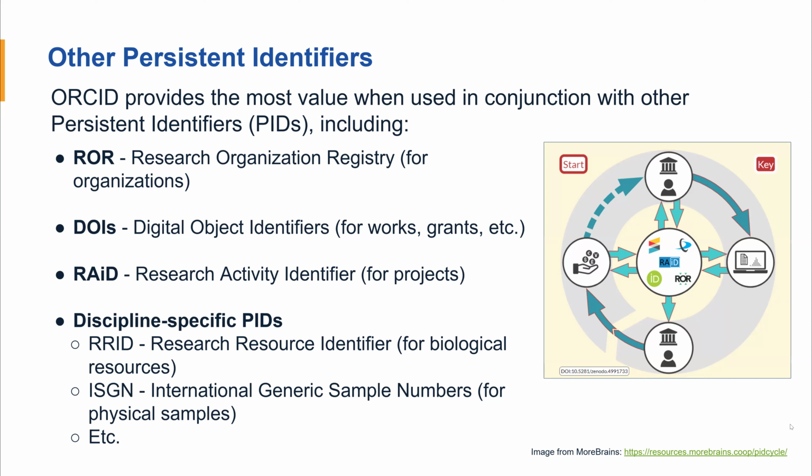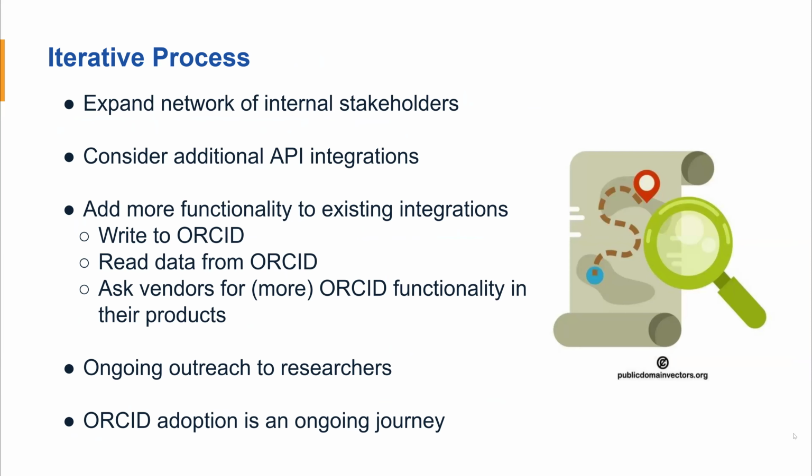So on the next slide, just keep in mind that this work is really an iterative process. So you can always be thinking about expanding your network of internal stakeholders. Maybe you're in the library and you're working with the research office, but as a next step, maybe you want to talk to the sponsored programs or academic departments, something like that.